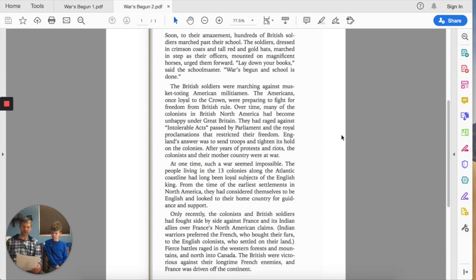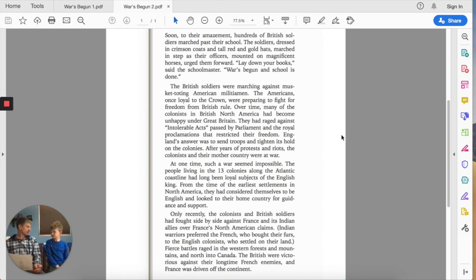Only recently, the colonists and British soldiers had fought side by side against France and its Indian allies over France's North American claims. Indian warriors preferred the French, who bought their furs, to the English colonists who settled on their land. Fierce battles raged in the western forests and mountains and north into Canada. The British were victorious against their longtime French enemies, and France was driven off the continent.